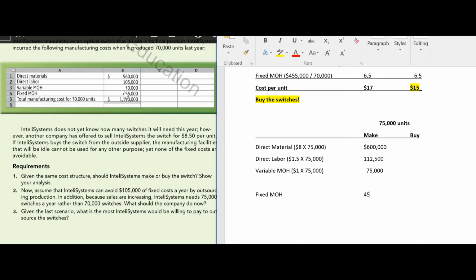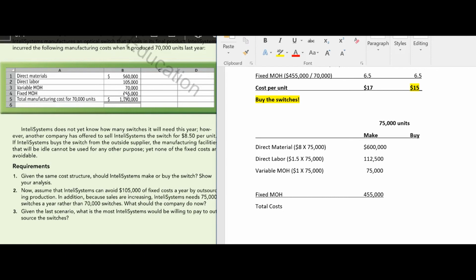Rather, we're going to use the total fixed overhead, because total fixed overhead means the fixed overhead for a certain range of production. So even if they produce 60,000 units, 70,000 units, or 75,000 units, they will have to spend all these fixed expenses. So let's see the total cost for these 75,000 units.